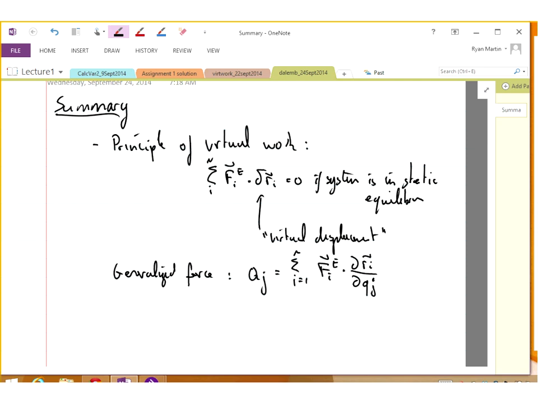We did a few examples where we saw that Qj does not necessarily have the dimensions of force. In fact, in the examples that we did, Qj had the dimensions of torque. And we found that it was equivalent to either set the virtual work equal to 0 or all components of the generalized force equal to 0.